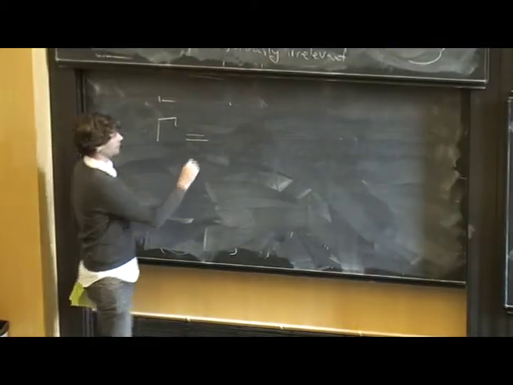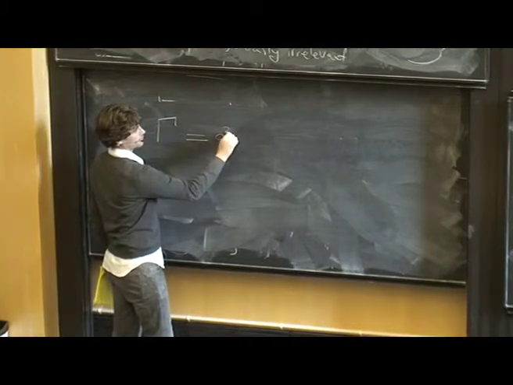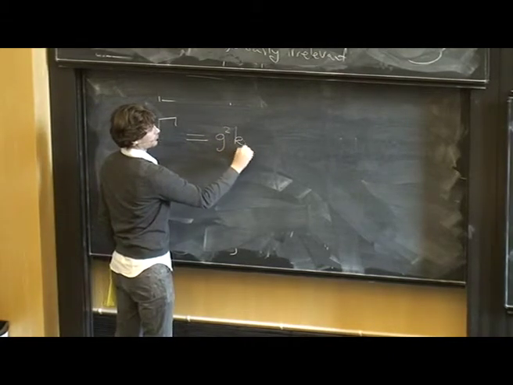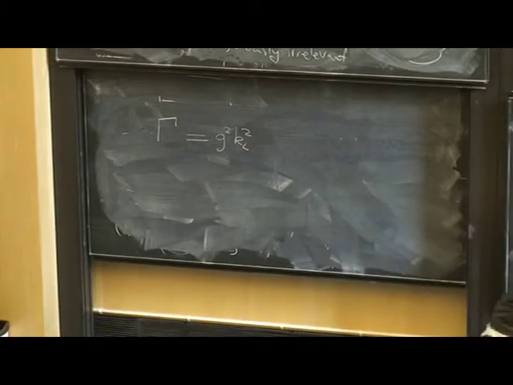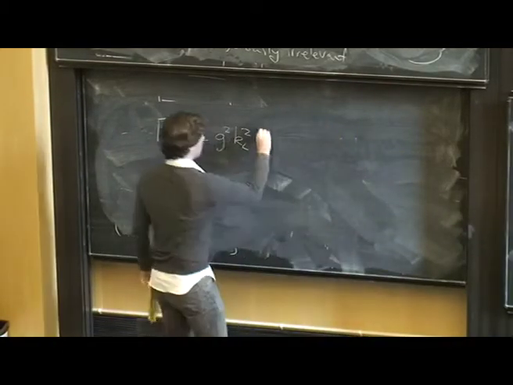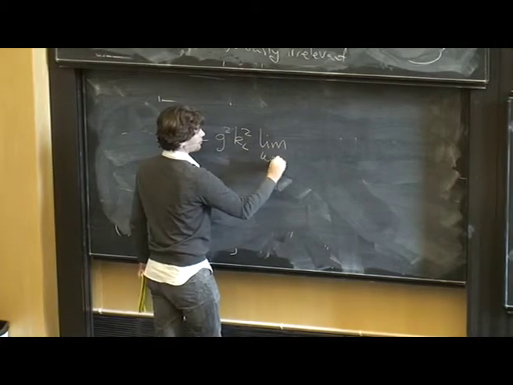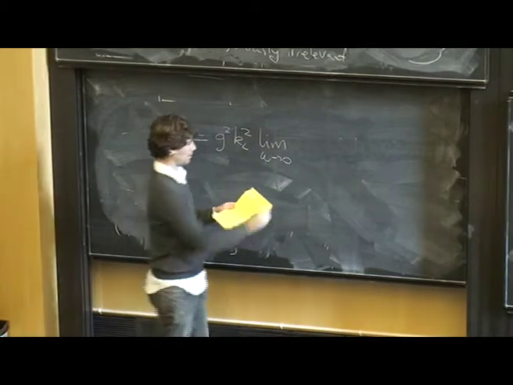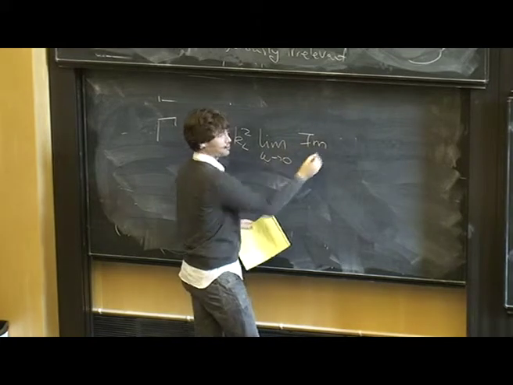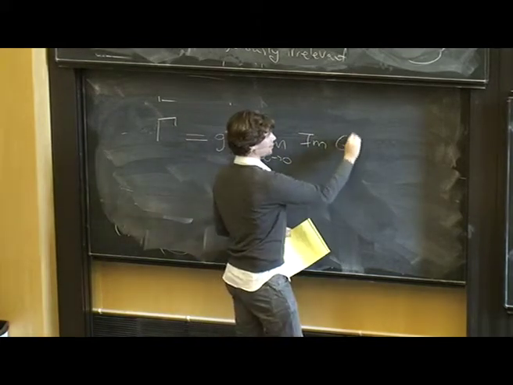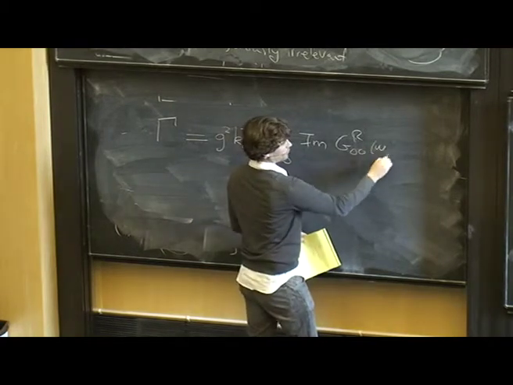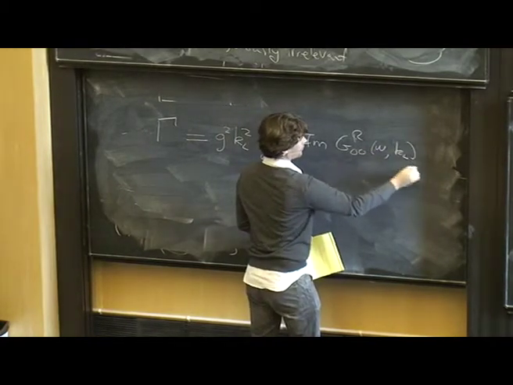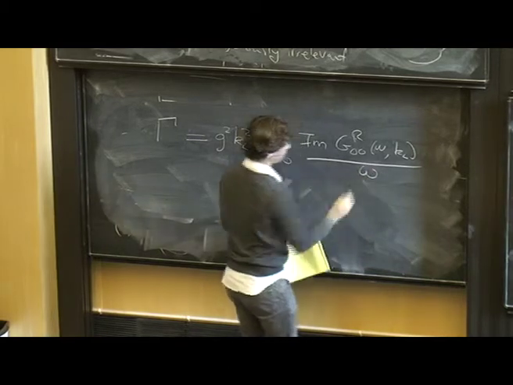The momentum relaxation rate is the strength of the coupling to the lattice wave vector squared, times the limit as the frequency goes to 0 of the imaginary part, our best friend now, the retarded Green's function, of the operator that couples to the lattice at 0 energy at the lattice wave vector divided by omega.